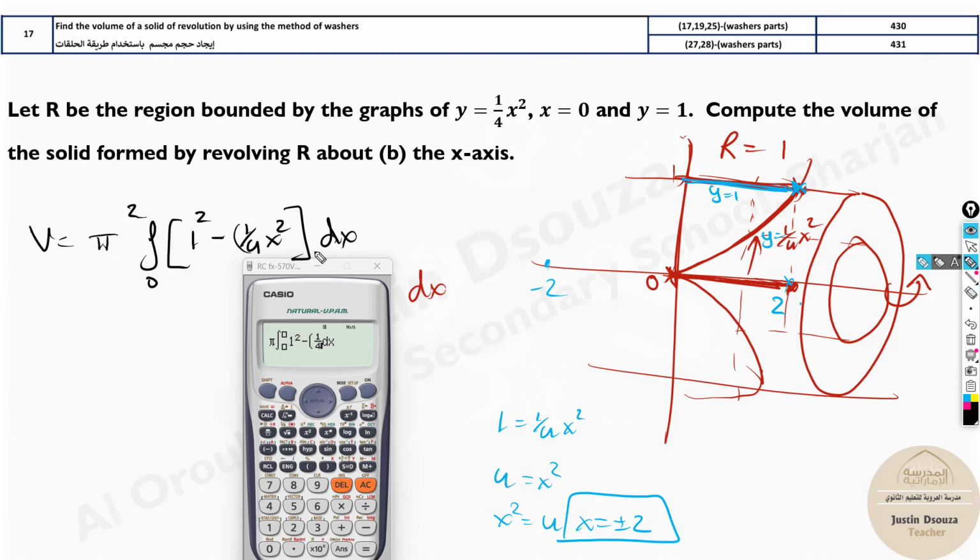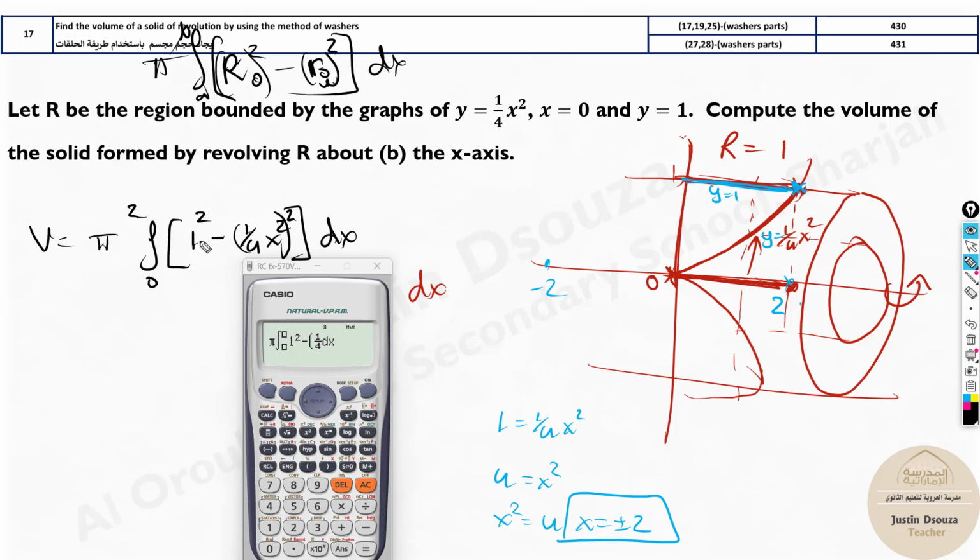The equation is 1/4 x squared and then again the whole square, okay? Because the formula itself tells you it is outer radius square minus inner radius square. R_O, R_I, integral a to b, outside is pi, and this is dx, right? Now the entire thing will be squared here, okay?